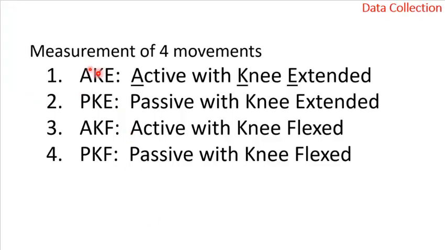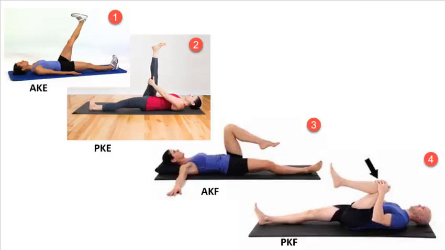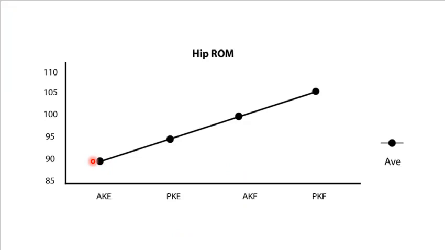Remember, these stand for active versus passive, and whether your leg is totally straight or you allow your knee to bend. And if you were to graph that, you would see most people, the active knee extended would be the least amount of range of motion.